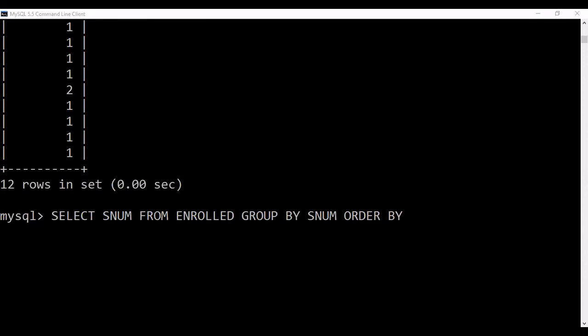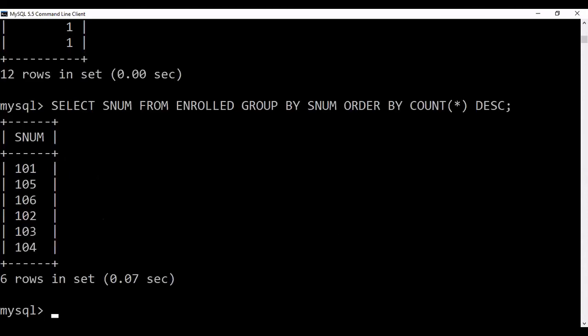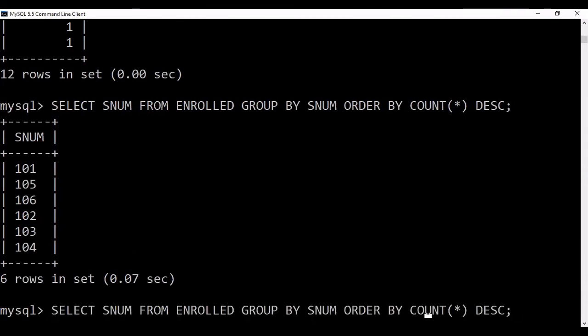This is the query to find the maximum number of students, in descending order. Now see here what it is giving. I can count that also, count of star.